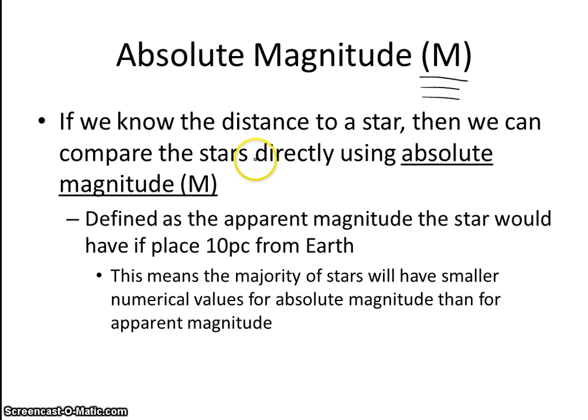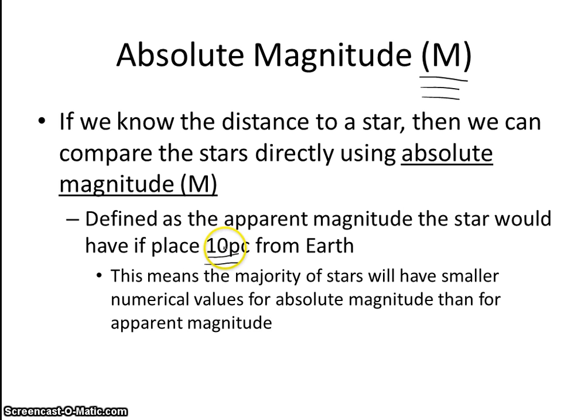So if we know the distance of the star, then we can compare the stars directly using this measurement of absolute magnitude. Basically what this measurement does is it brings all the stars to 10 parsecs from Earth, and then we measure their apparent magnitude at that point.